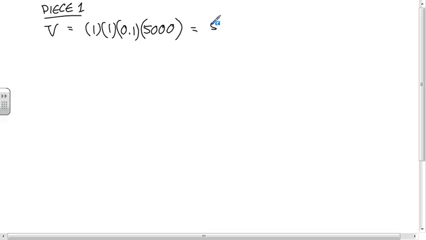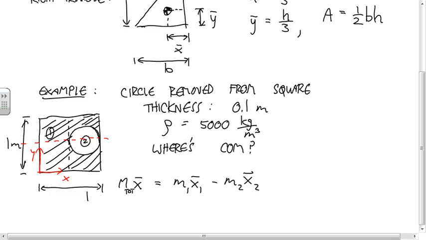And so you get 500 kilograms. And the centroid is, so if this is our coordinate system, what's the x coordinate of the centroid of the square? Yep.